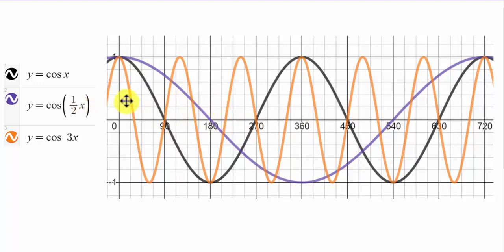In 720 degrees, only 1 cycle exists, while in regular cosine, there are 2 cycles within the 720. You'll notice that if I compare it to the 360, only half of a cosine cycle appears there, where 3 cycles of the cosine of 3x shows.